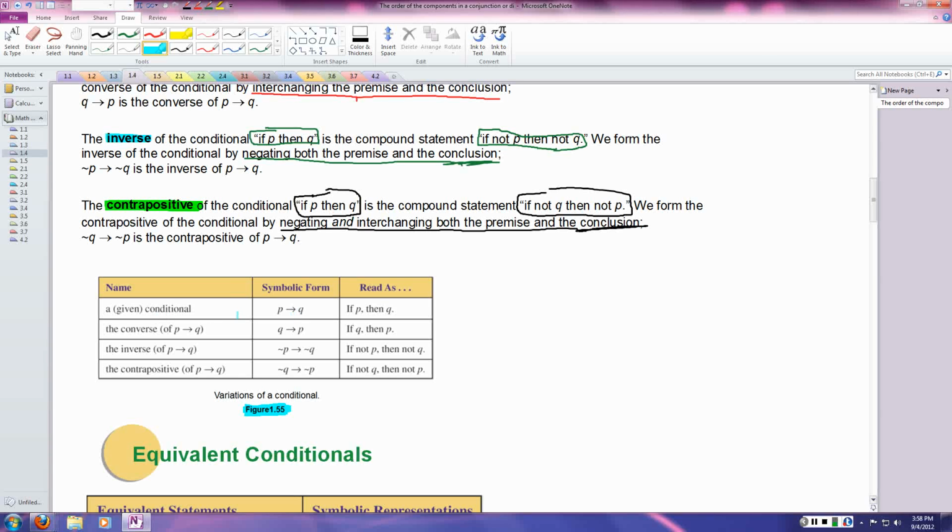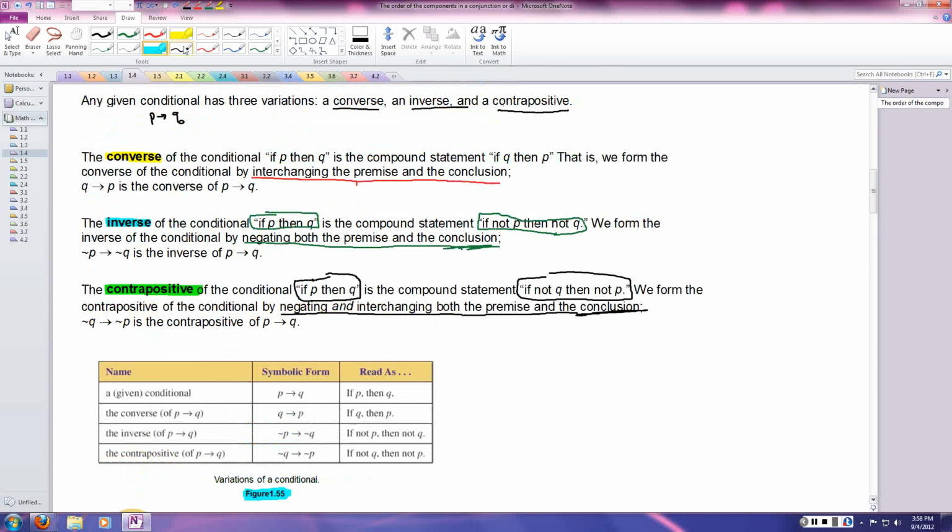If you take a conditional, P implies Q, the converse of the statement is Q implies P. You flip the premise and the conclusion.